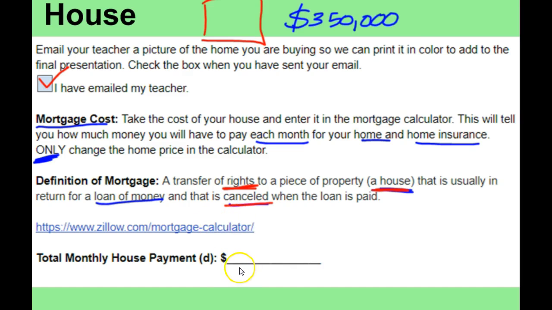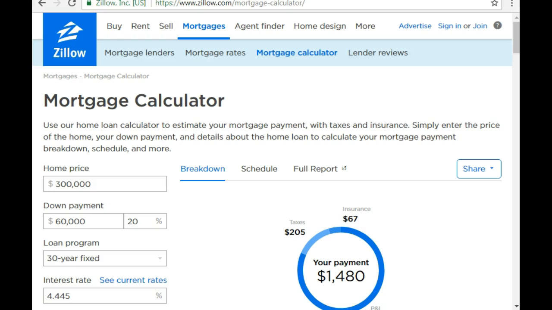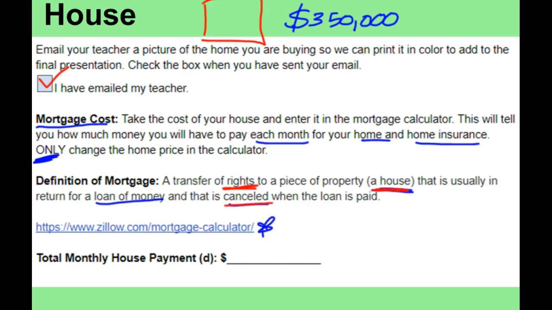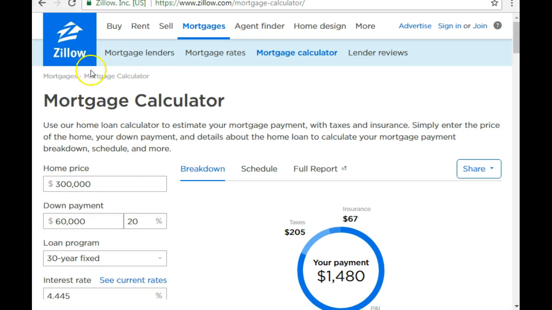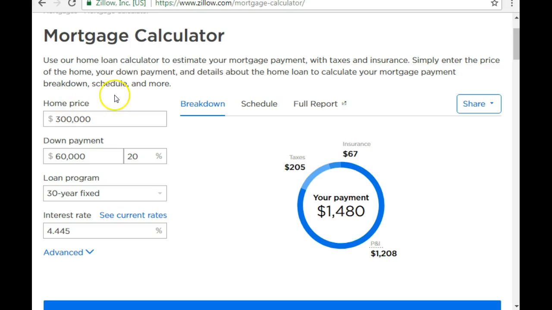So you're going to use this mortgage calculator. When you click on this link in Schoology, it should bring you to this site. It's a Zillow site, also a site that you can look at housing on. The only number that you are changing is right here, the price of the home, this number right here.